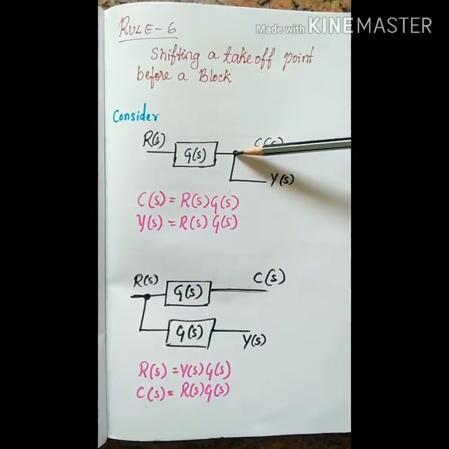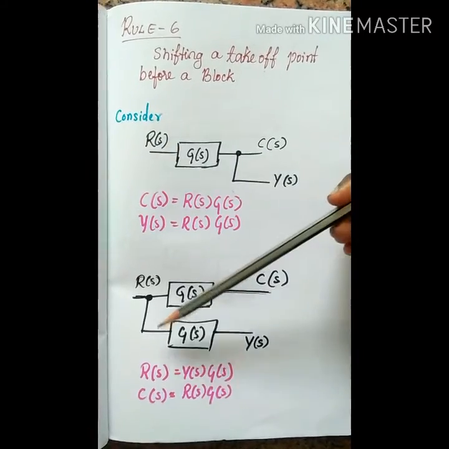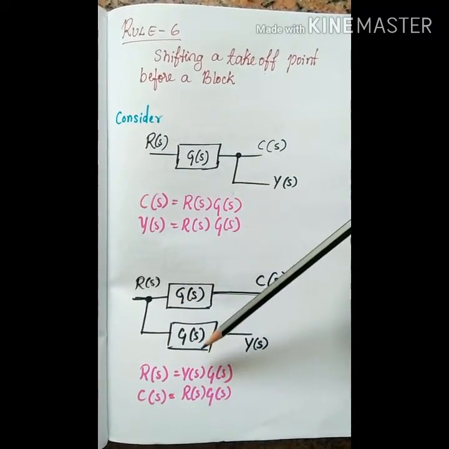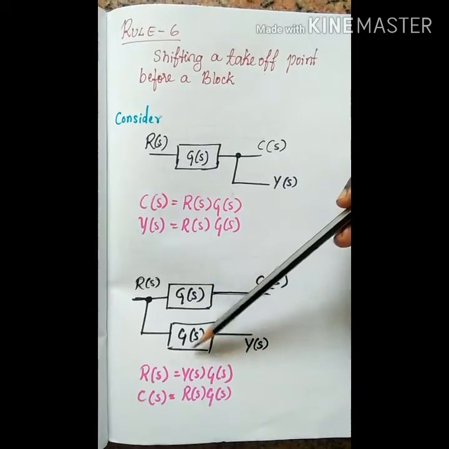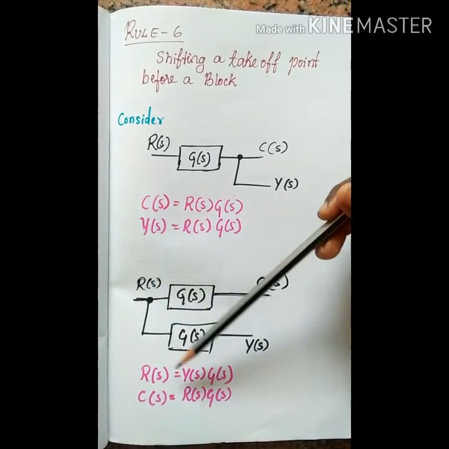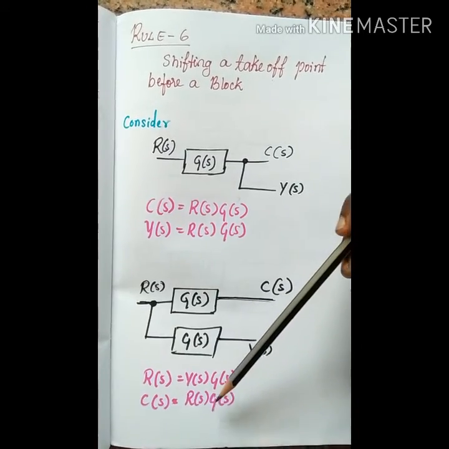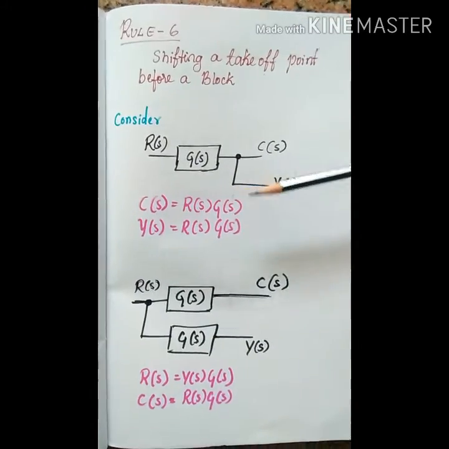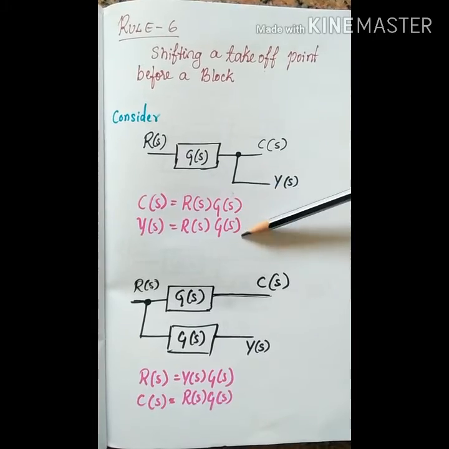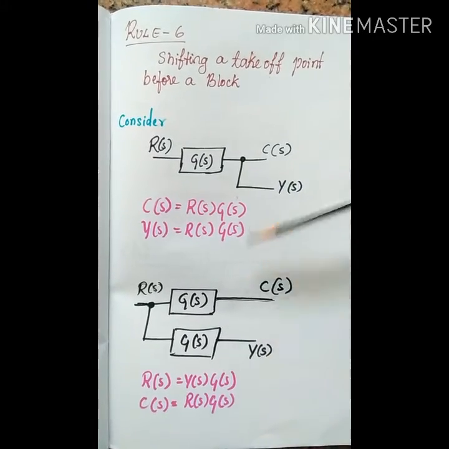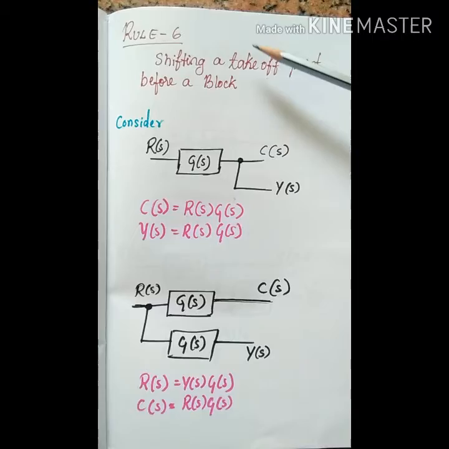Now when I shift the takeoff point before this block, you simply need to multiply the same gain block in the takeoff point. Only then you will receive the same R of s and C of s as this block diagram. Only if the outputs match, the rule number 6 is valid.